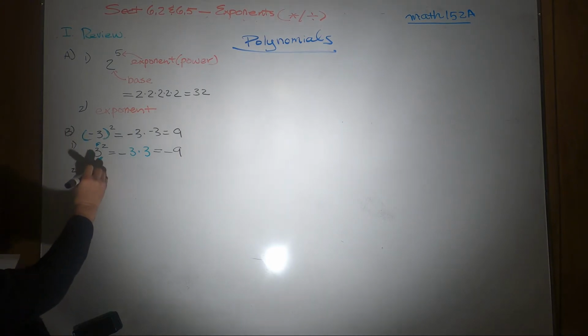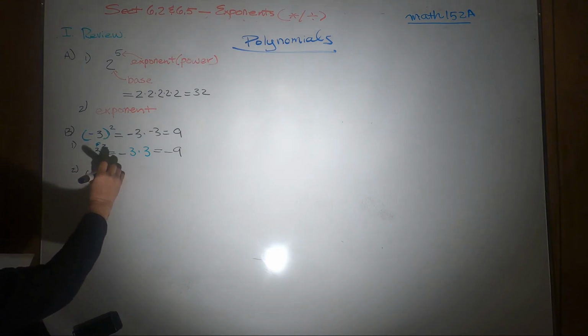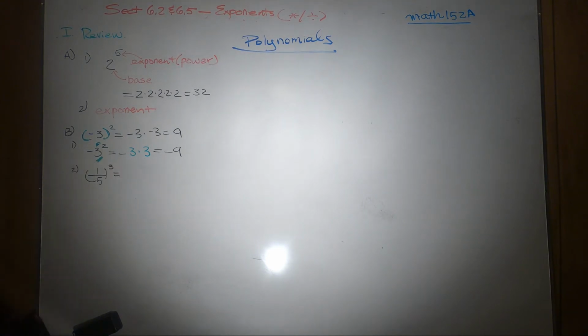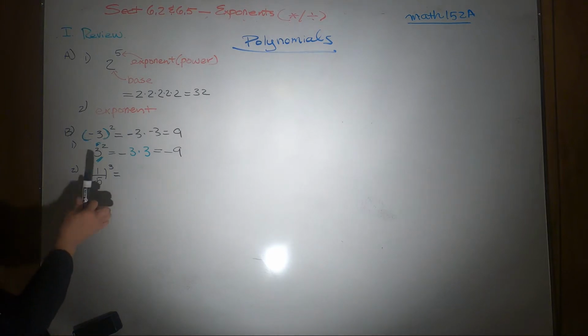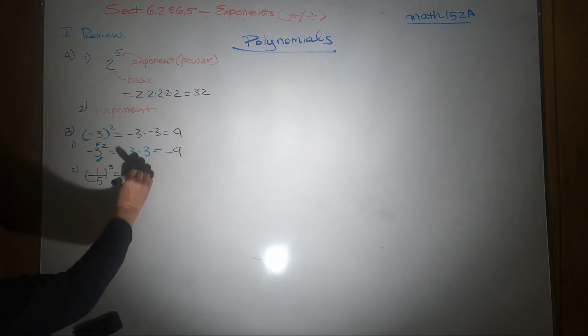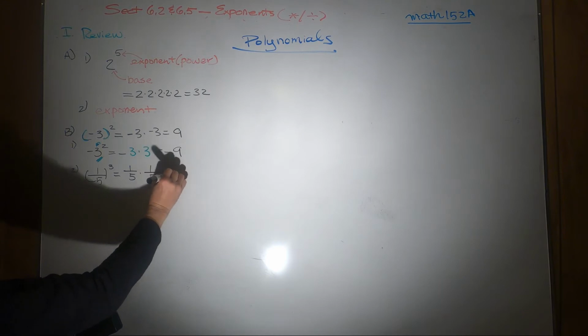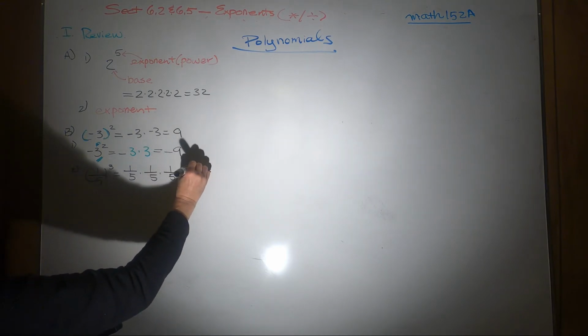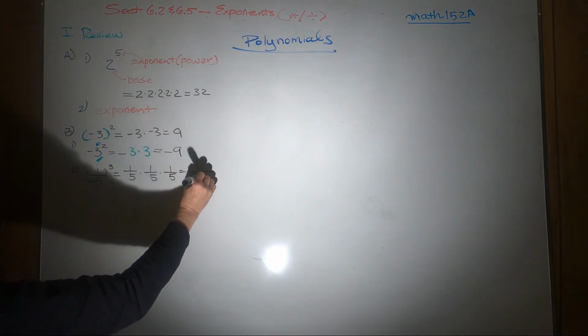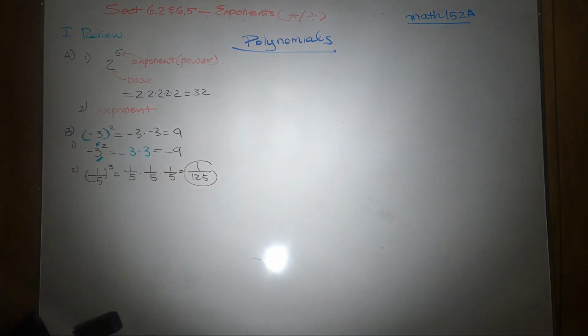Then the next one, it can also apply to a fraction. So this one, what would you do? You multiply 1/5 by itself how many times? 3 times, right? So for the answer, usually we spell out the numbers.